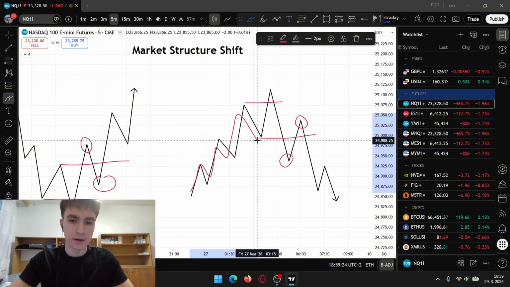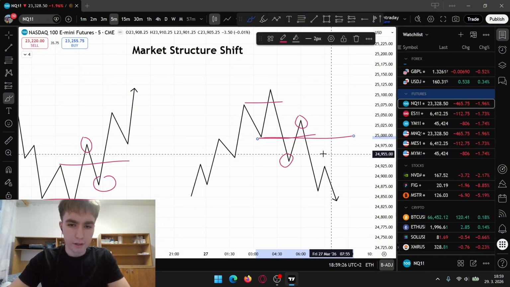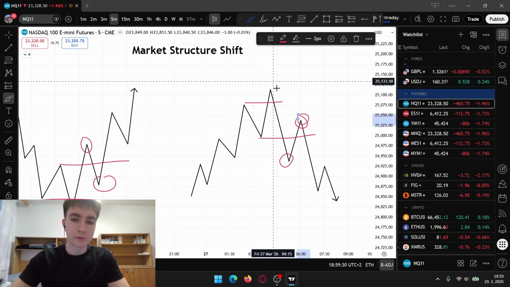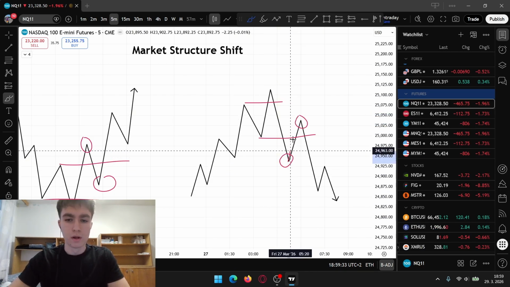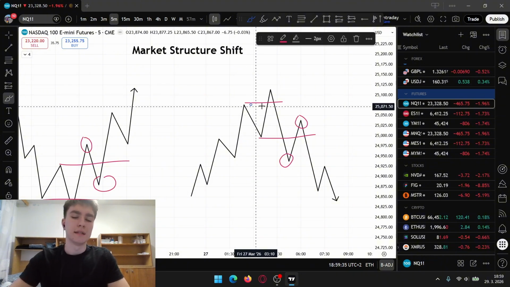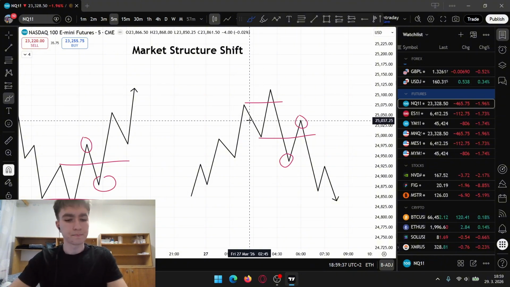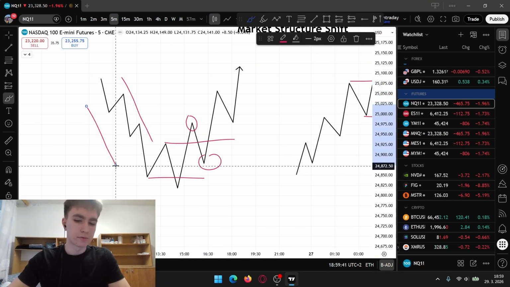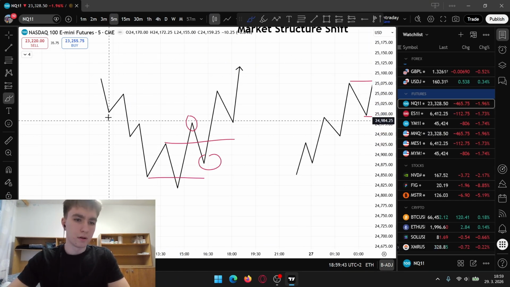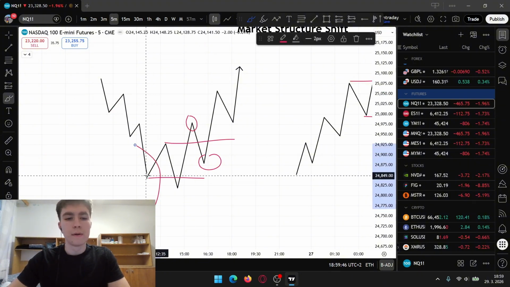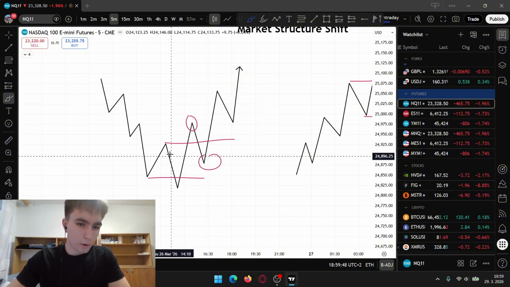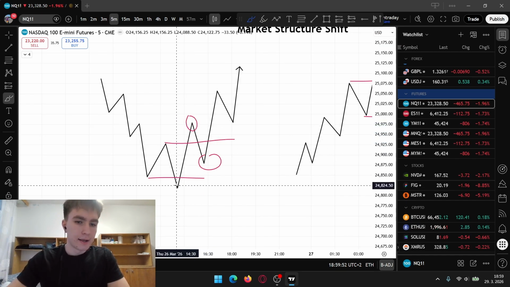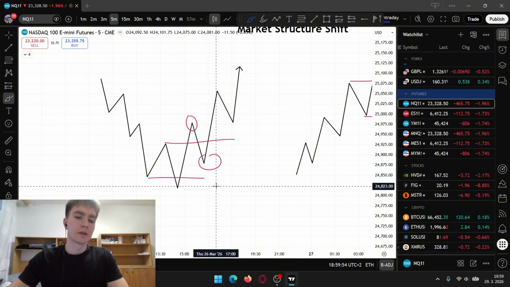Like we had an uptrend, we broke it, formed a lower swing high and a lower swing low, and it continued in the opposite direction. And same for the bullish example. We were in a downtrend, forming lower highs and lower lows, and then we broke the latest swing high, made a higher swing high, and after that we made a higher swing low.